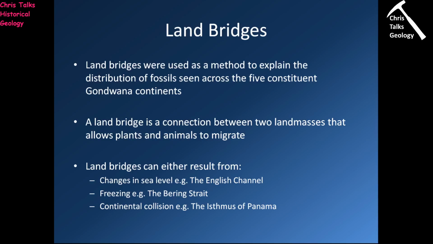And so people went and said, all right, well, what about the possibility of there being huge land bridges that extended all the way from South America to Africa, and from Africa to India, and from India to Australia, and from Australia to Antarctica? And that would allow these animals to happily migrate between these continents with the minimum of fuss.